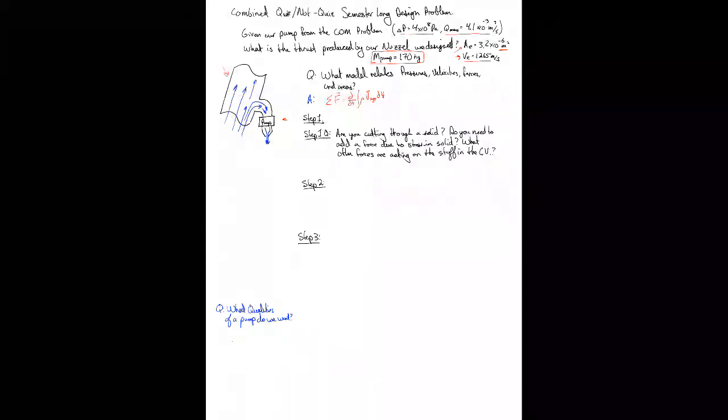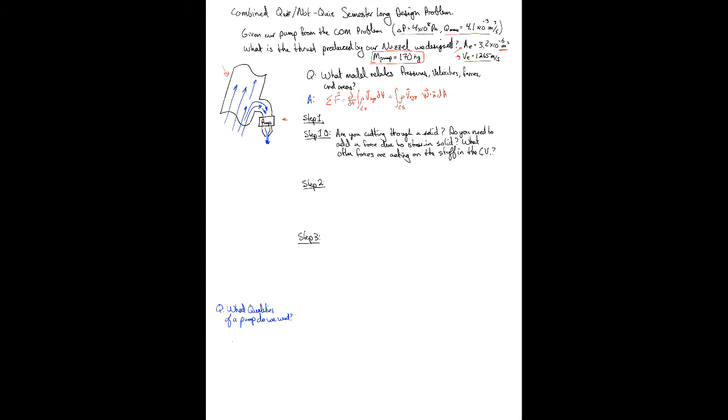So step one, always draw a control volume and our coordinate systems. So we're going to do that. I'm going to draw my CV around my pump, and then come across the bottom and cut across the jet.